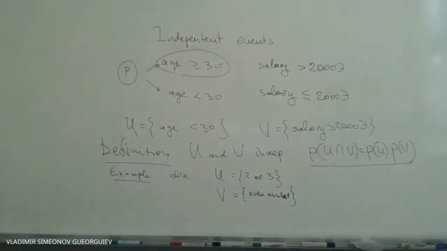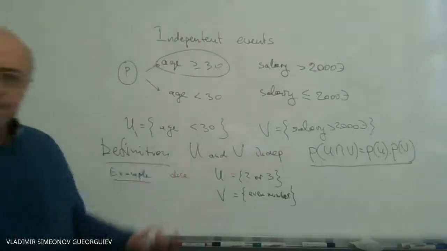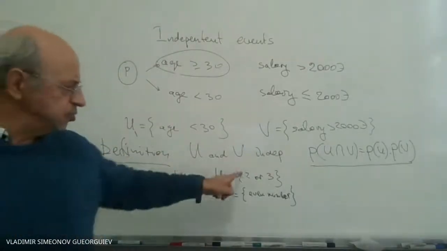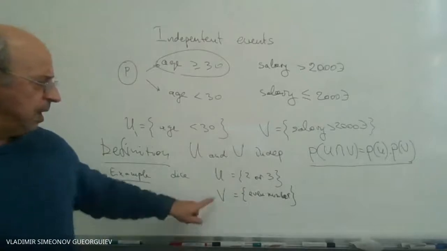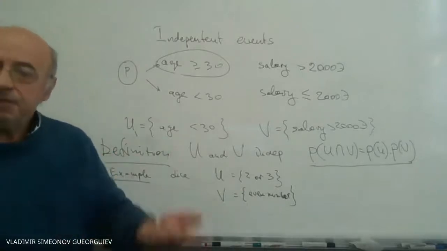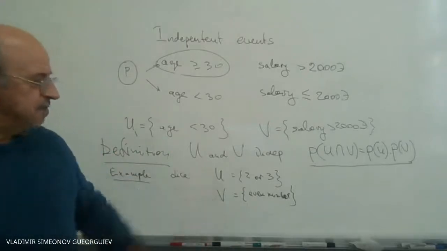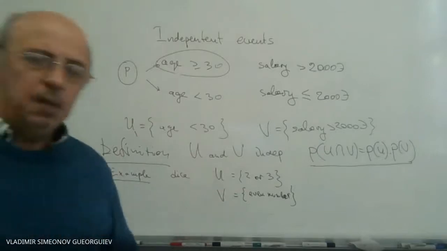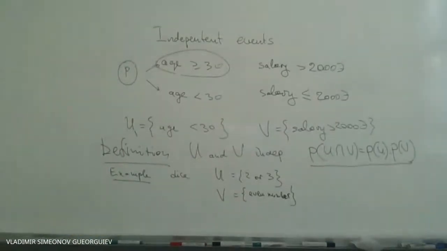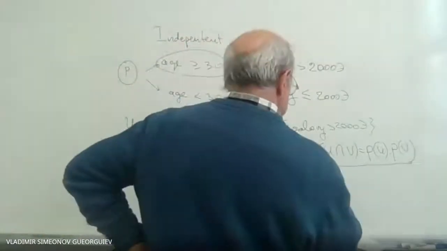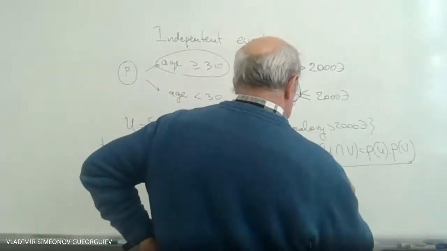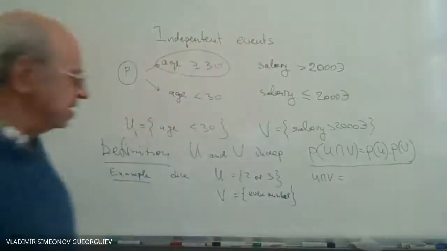Let us check if the exit of drawing one dice being 2 or 3, and the exit being an even number, are dependent events. So we have to compute U intersected with V. What is U intersected with V?